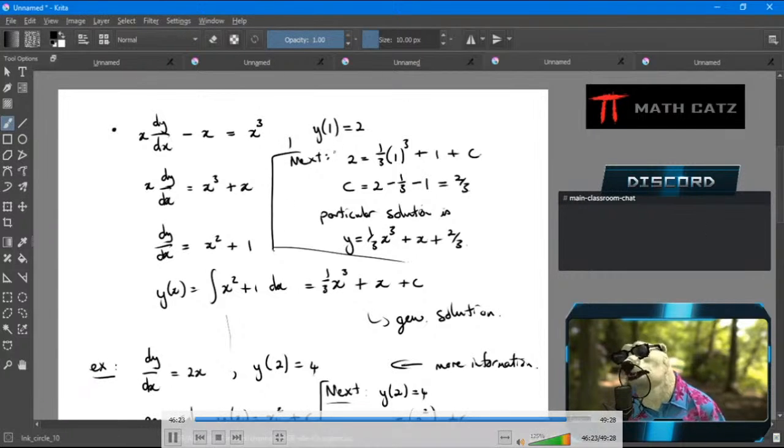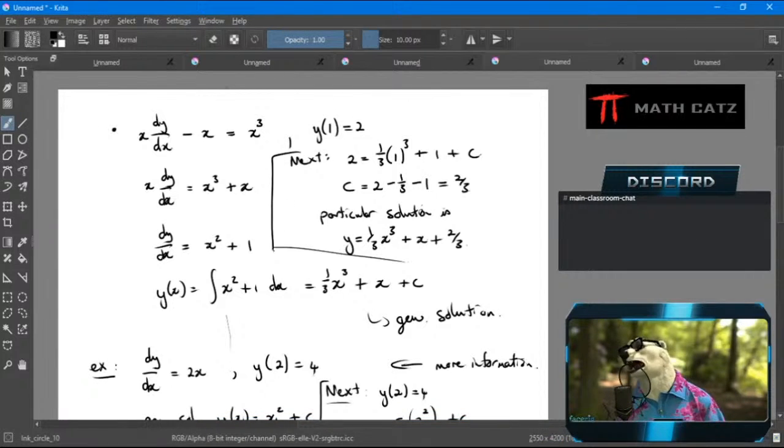If they give me some extra information, then we call the differential equation paired with that extra information an initial value problem, which means I can go a little further past my general solution to find in particular which function among that family is the solution to the differential equation and that satisfies the initial value, meaning the extra information, and then we have our particular solution.